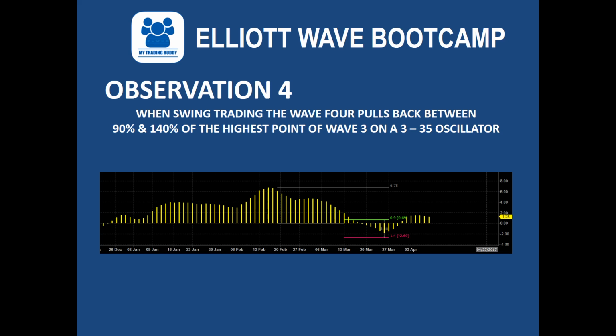So if it does pull back quite shallow and doesn't quite make that 0.25, then it's quite likely it's going to fail. But more importantly, you've not got enough room between your entry and the potential wave 5 high for a good risk to reward. But we're going to build that picture.